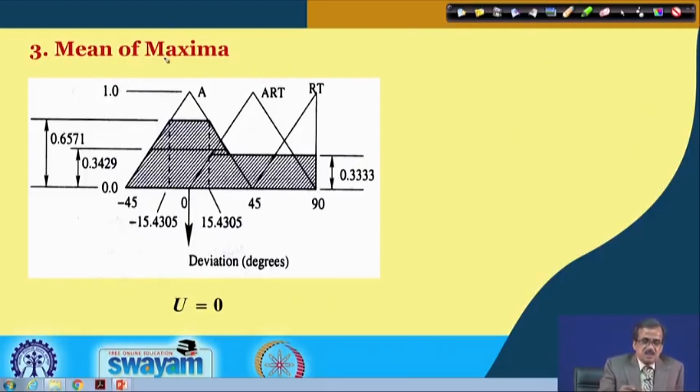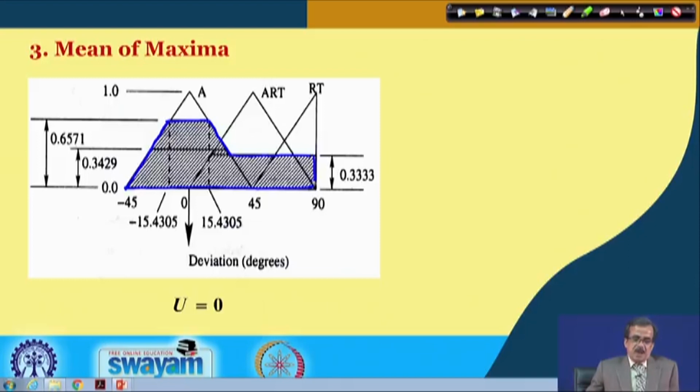Before I discuss the mean of maxima once again, the first thing we will have to do is indicate the combined control action, that is the fuzzified output considering all the 4 fired rules. If I indicate it, this is actually the combined control action, the fuzzified output. So, this is the area.